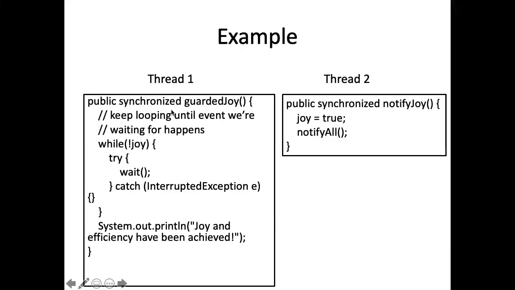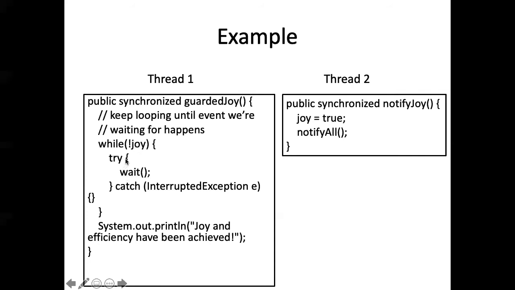So here's a simple example where I basically want to wait on a Boolean variable called joy before I actually print out the message joy and efficiency have been achieved. So my first thread calls a method called guarded joy, and it goes into a while loop that is waiting for joy to be set to true. While it's not true, it waits.